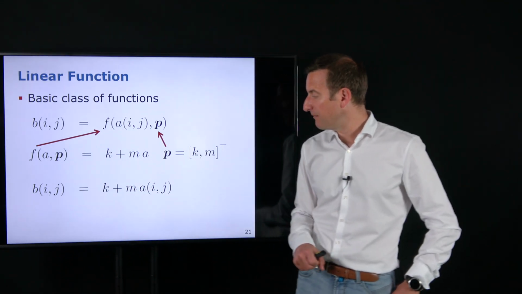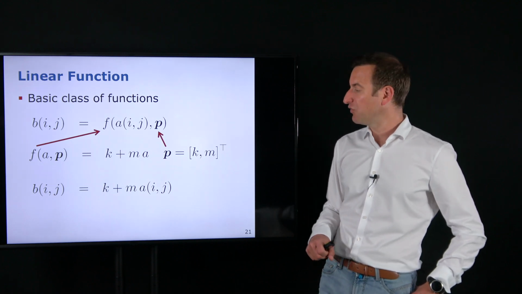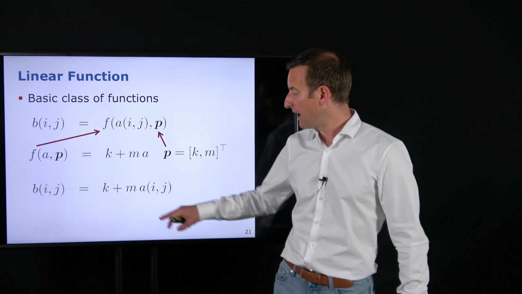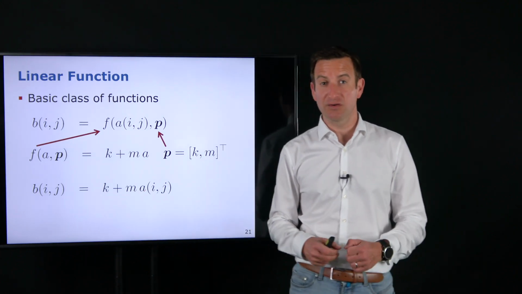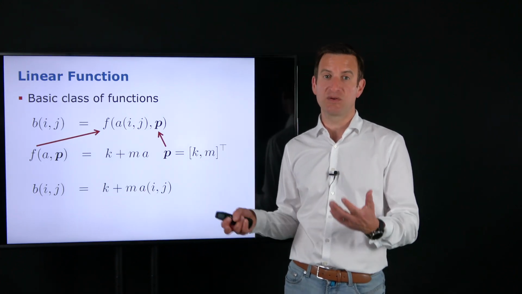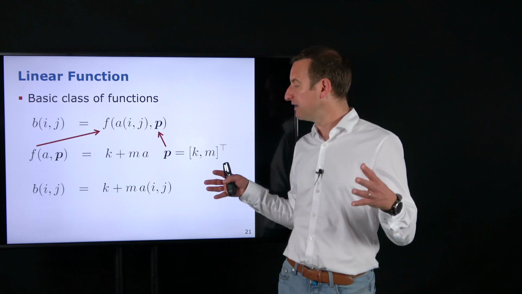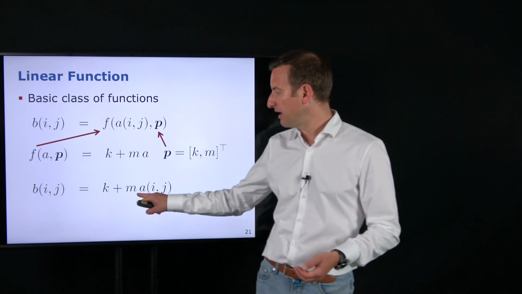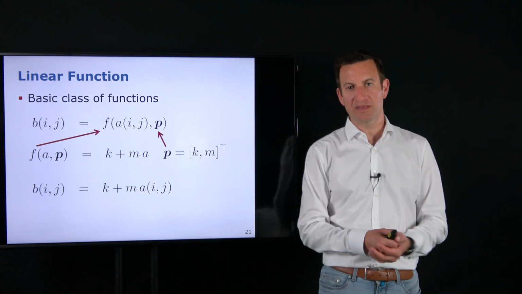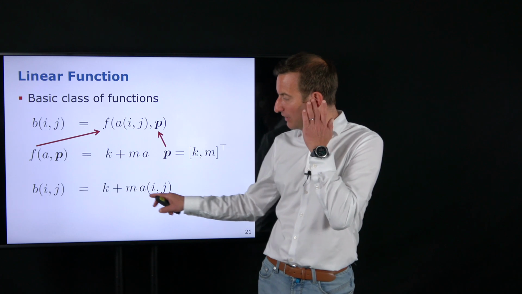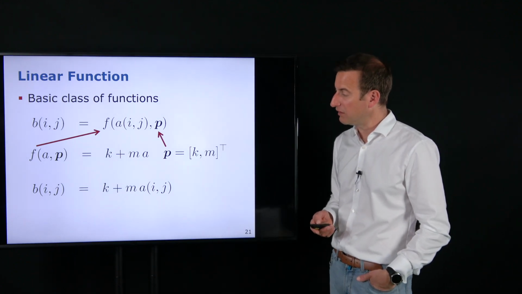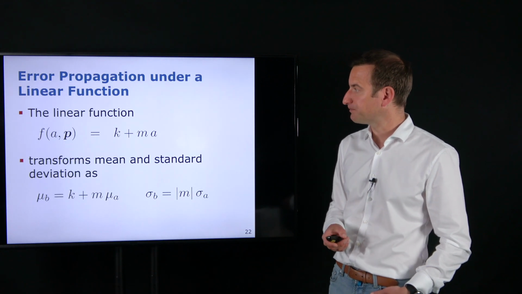Then I have the factor m, and m has an impact on the contrast because I'm scaling the intensity value. So if m is, for example, a value larger than 1, I'm increasing the spread of intensity values over the whole spectrum. If it takes a value that is smaller than 1, then it actually reduces this and reduces the contrast of my image.